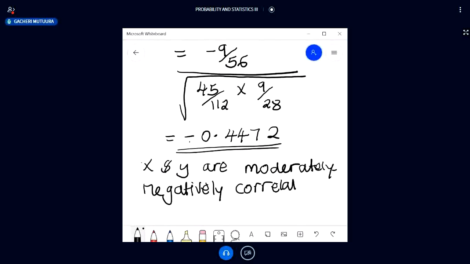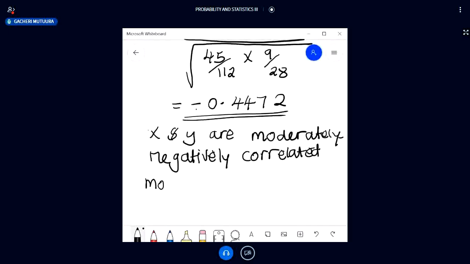Or you just talk of a moderate negative correlation.